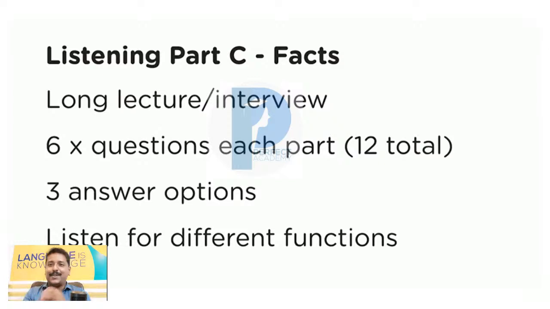You have to listen for long. Again, it may be an interview, maybe 2 people talking, 6 questions each, 12 total, and 3 options. It seems easy that you have 3 options and need to select one, but it is confusing. So you need a lot of practice when you are listening to those sections.